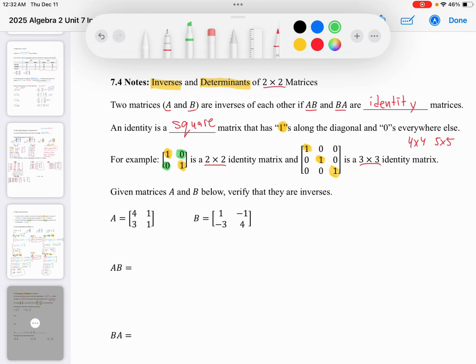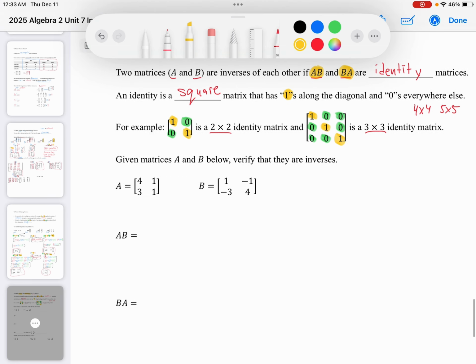So that's what an identity matrix looks like. Two matrices are inverses of each other if their product in both directions, AB and BA, are identity matrices.